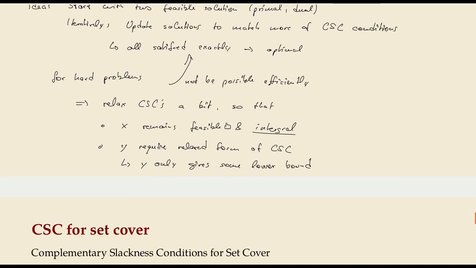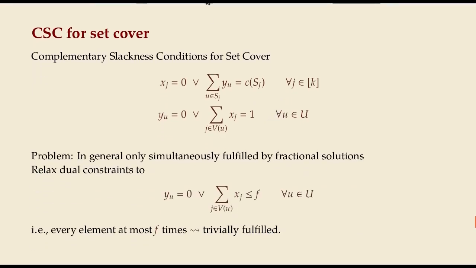Now for set cover, the complementary slackness conditions look like this. Remember, the complementary slackness conditions always say either one of the variables in the primal or in the dual are 0, so tight in terms of the non-negativity constraint, or the constraint for this variable, which is in the dual of the problem, is fulfilled with equality.